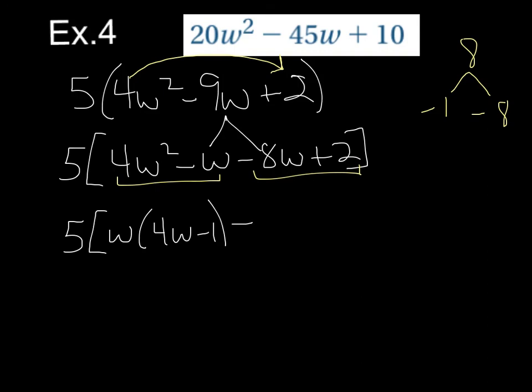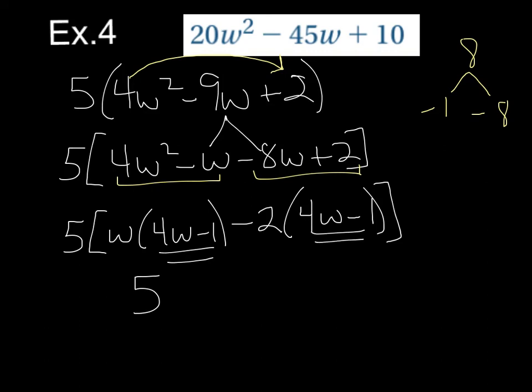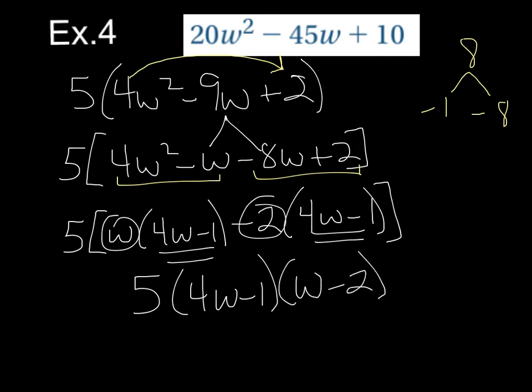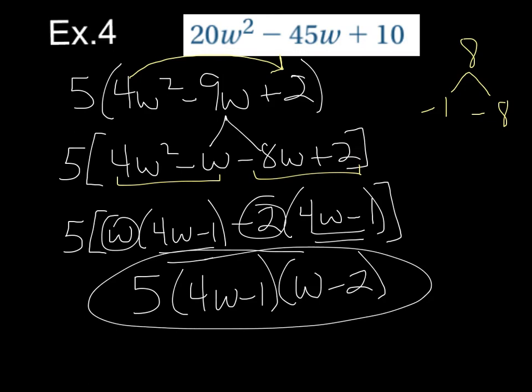I can factor out a negative 2, which leaves 4w minus 1, because 2 divided by negative 2 is negative 1. So I've got a 5. My common factor inside is the 4w minus 1. And what's left behind is the w minus 2. And there's my completely factored form.